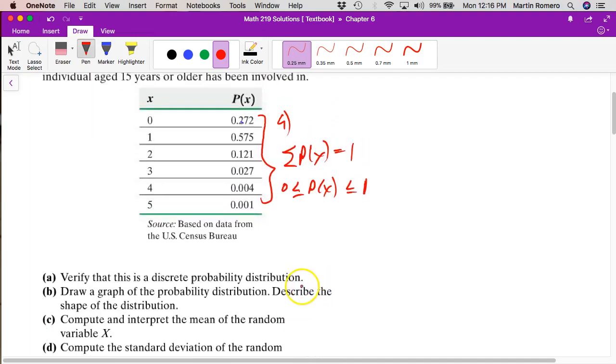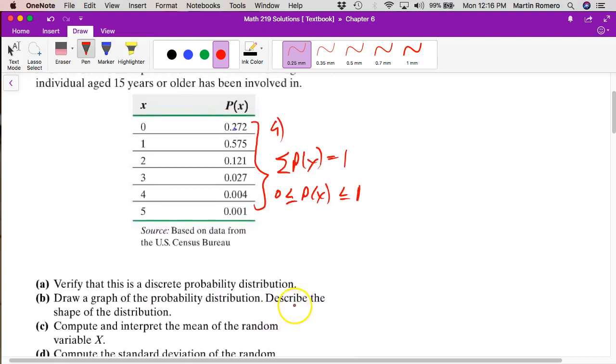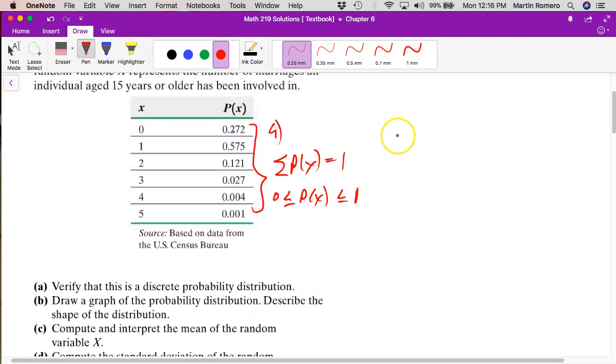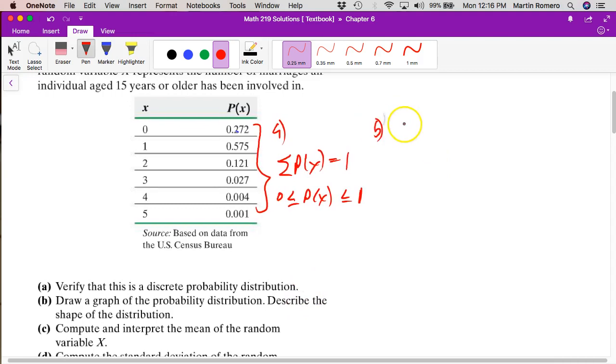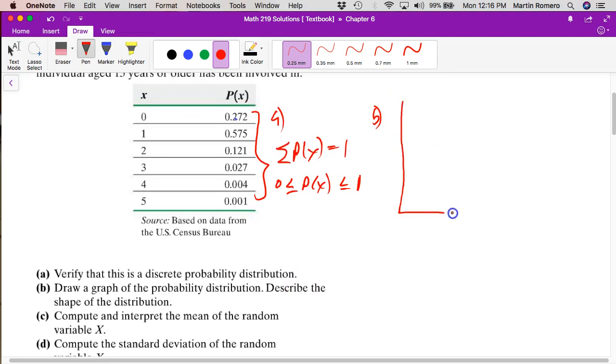So we've done A. Next, draw a graph of the probability distribution and describe the shape of it. For part B, let me see if I can sketch it out real quick. 0, 1, 2, 3, 4, 5. These are just data points, so we can plot them here. Probability, and let's say this is 1, this is 0.5, 0.25, 0.75.